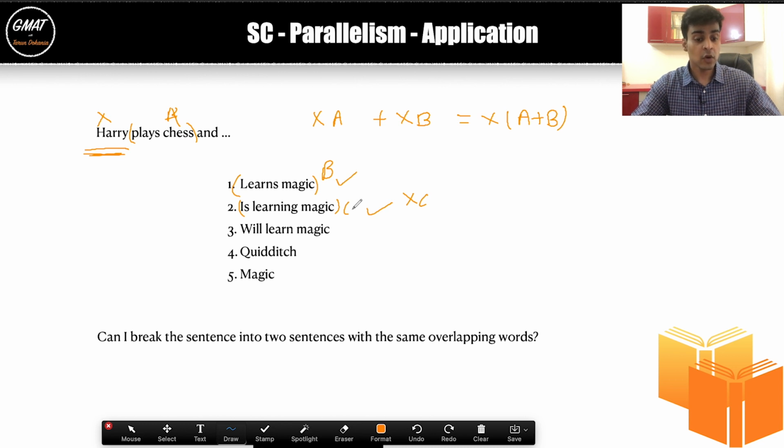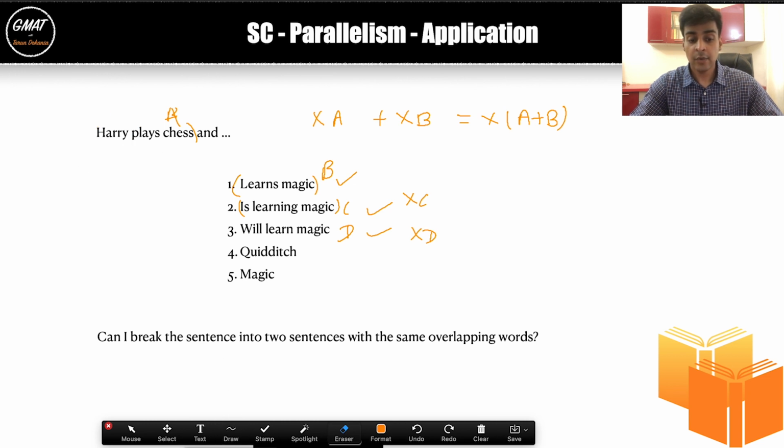Then, moving on to the third one, let's call this one D. Harry plays chess, obviously is the complete sentence, XA, and Harry will learn magic is again a complete sentence, correct for me. Now looking at the fourth one, see how this sentence should also be correct, but I'm not keeping Harry as common anymore. Here my structure would change.